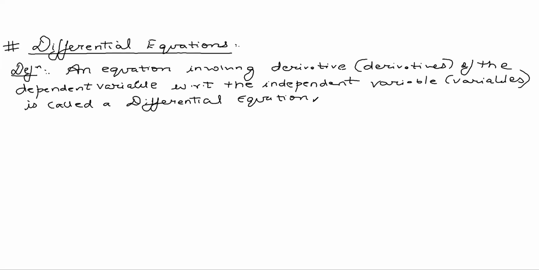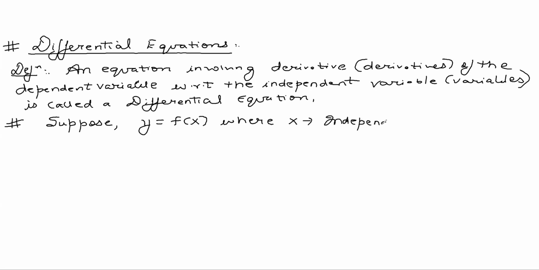differential equation. So for example, suppose y is a function of x, where all of us know that x is the independent variable, and you can see y is dependent on x. So y is the dependent variable.